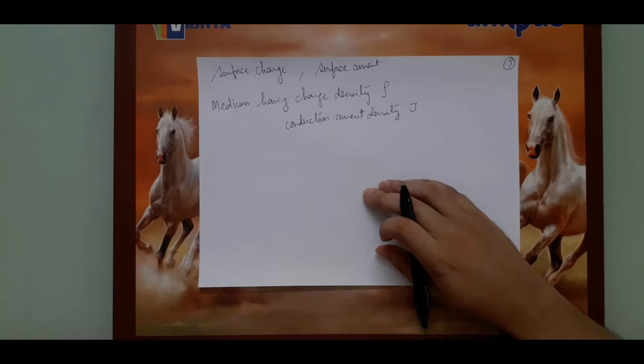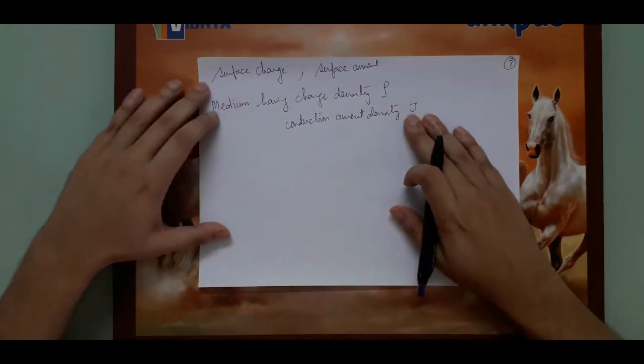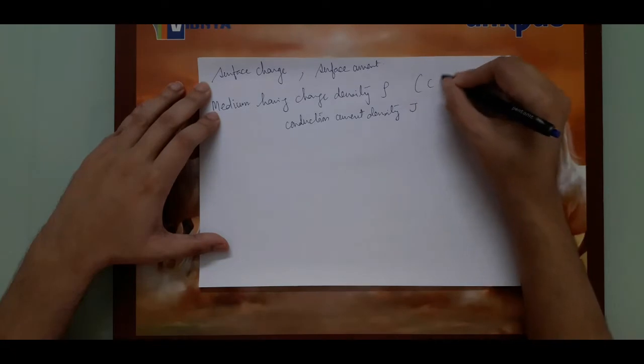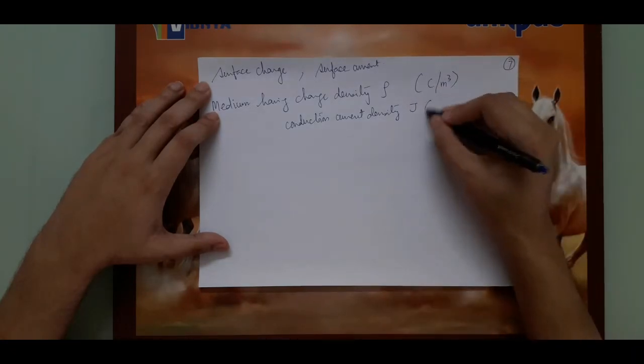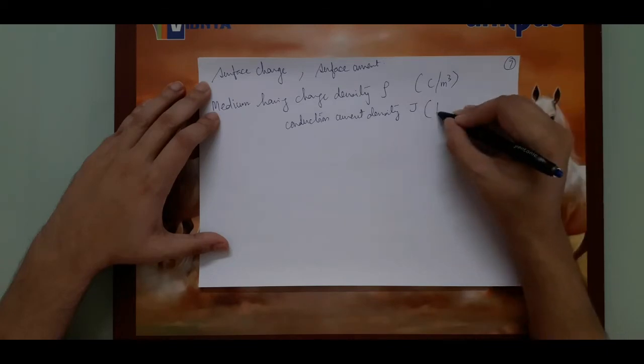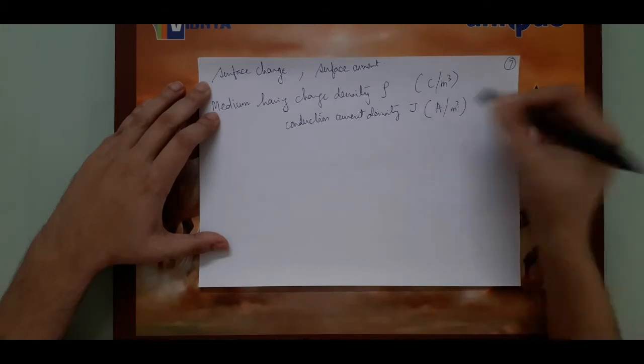You must mention whether it is conduction current or displacement current. So let's mention conduction current density J. So this is nothing but coulomb per meter cube, the volume charge density, and the conduction current density is ampere per meter square.